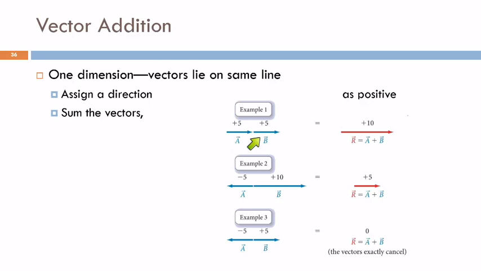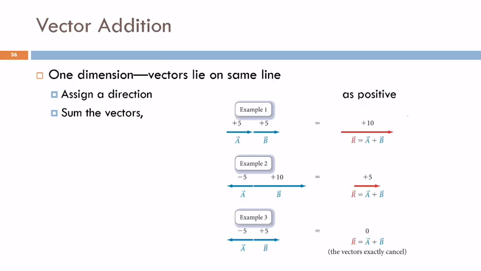If they're both going in the same direction, that's going to add up, and you're going to have a net vector. Here in example 2, we have the vectors going in opposite directions, but this one is bigger than that one. For those of you that aren't great with math and vector addition, I think thinking about tug-of-war is helpful. In this example, you have two people of equal strength pulling in the same direction.